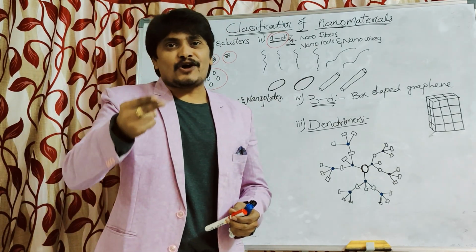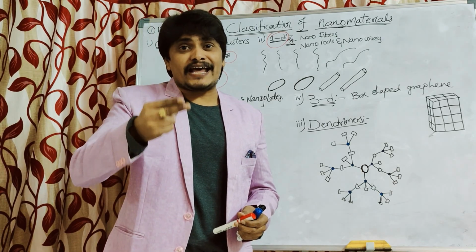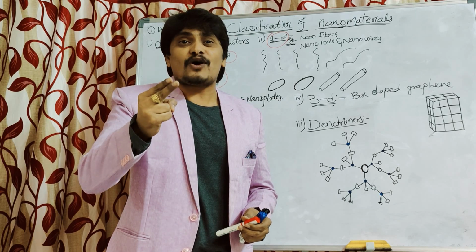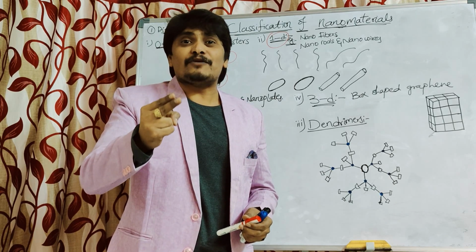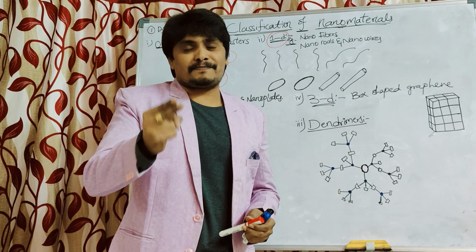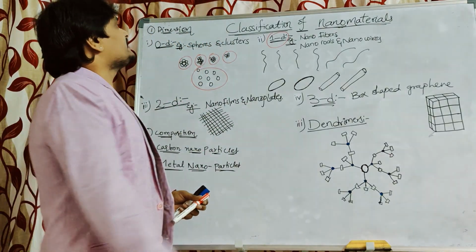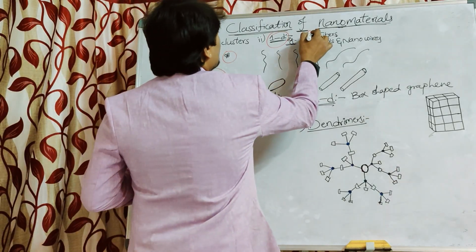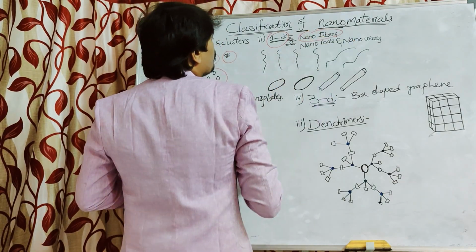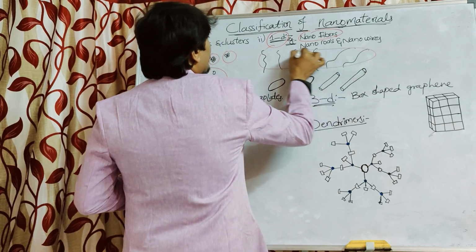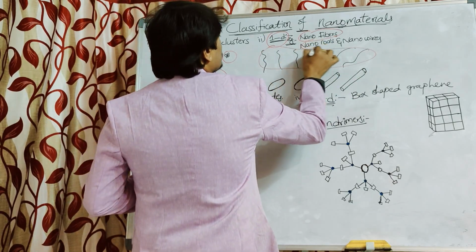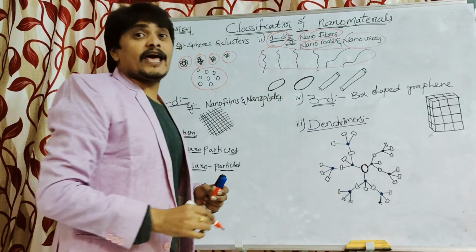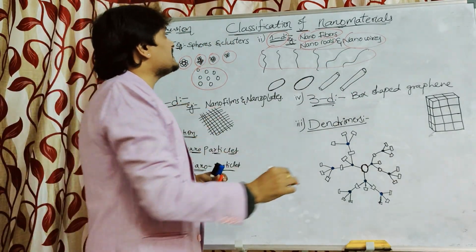These are the simplified definitions of the 0D and 1D nanomaterials, students. Examples of one-dimensional nanomaterials are nanofibers, nanorods, and nanowires.